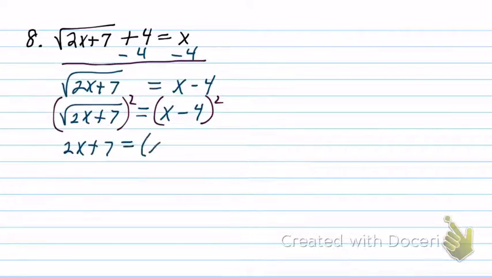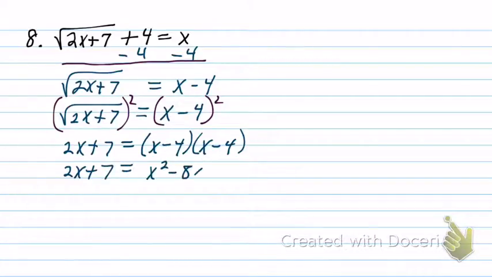On the left, we're going to get 2x plus 7, but on the right, we're going to have to FOIL out x minus 4 squared. So I'm going to go ahead and do that here. You can check my work, but if you FOIL that out, you get x squared minus 8x plus 16. So this is a quadratic equation. I need to get 0 on one side, so let's get rid of the 2x and the 7.